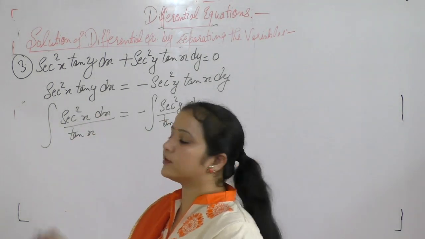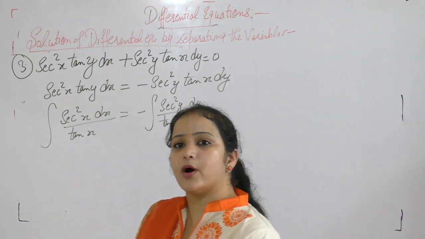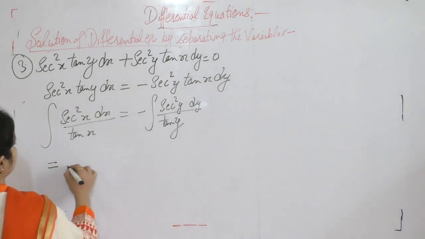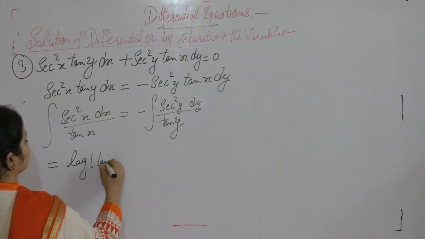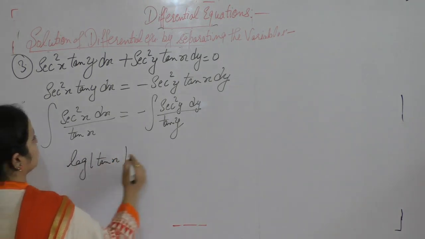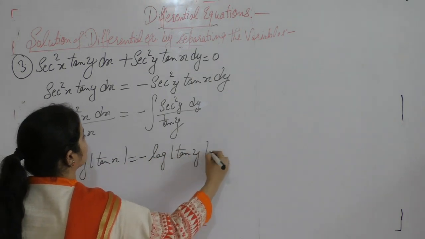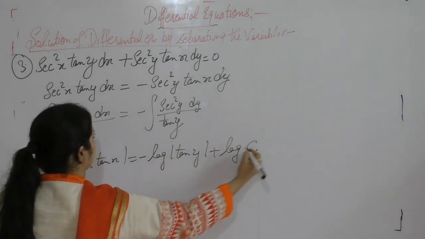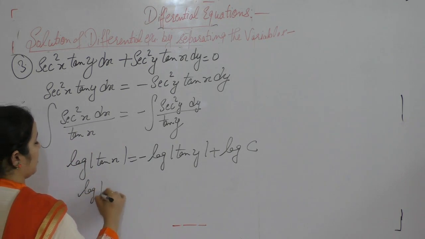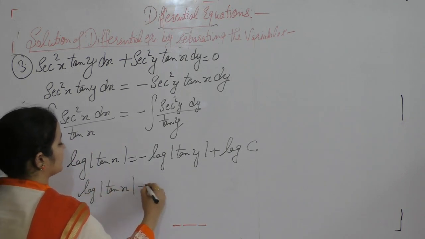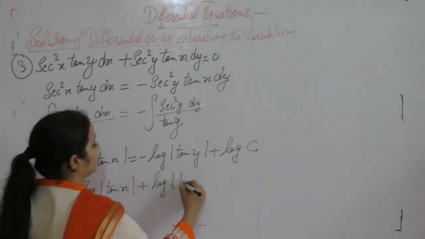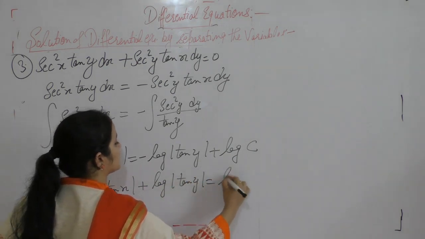Now derivative of tan x is sec square x. This is again of the form f dash x upon f x. Integral of this is equals to log of f x. So log of tan x is equals to minus log of tan y plus constant log c. Log of tan x plus log of tan y is equals to log c.